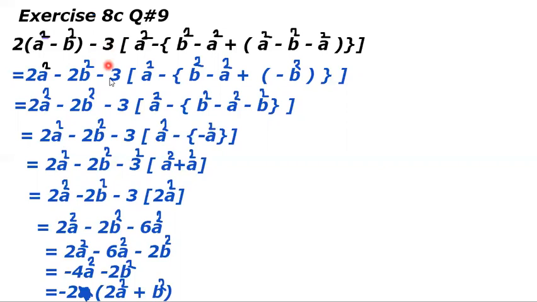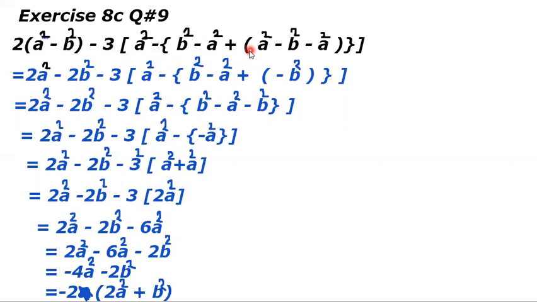Now negative 3 is as it is, square bracket a square minus braces b square minus a square plus. Up till this plus, everything is as it is.